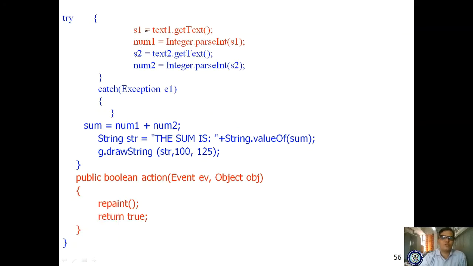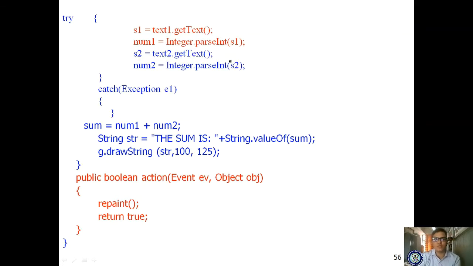Here also it is the same thing: by the getText method you are accessing the value in that text box and forcefully converting it into an integer with Integer.parseInt(s1). So s1 is a string, the number 30 is forcefully converted into a number, and the number will be stored in num1. Now s2 is equal to text2.getText().